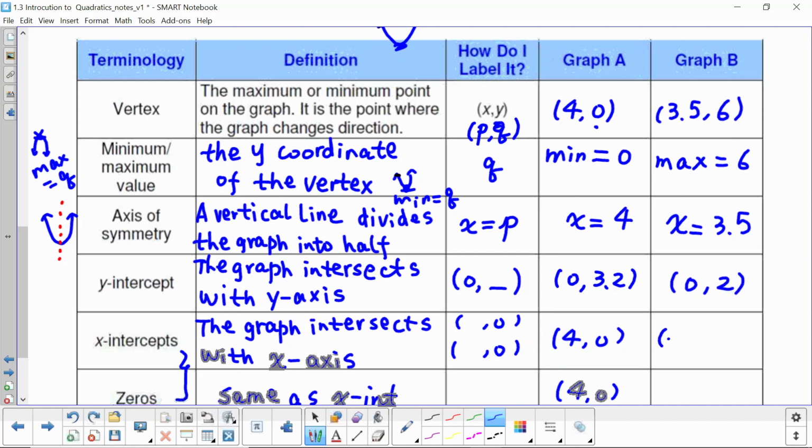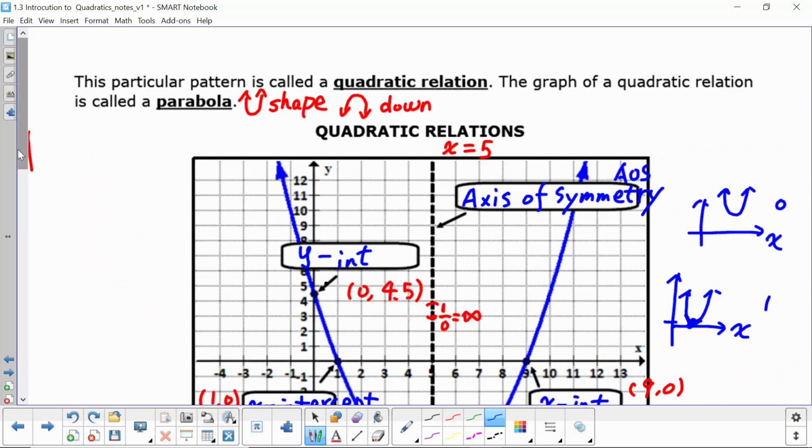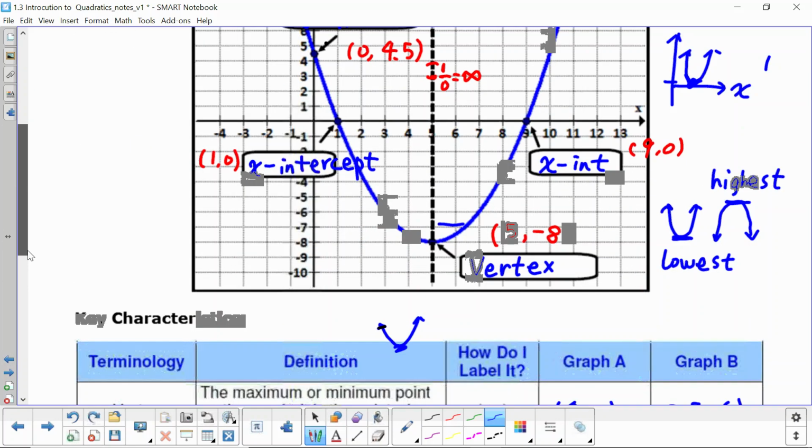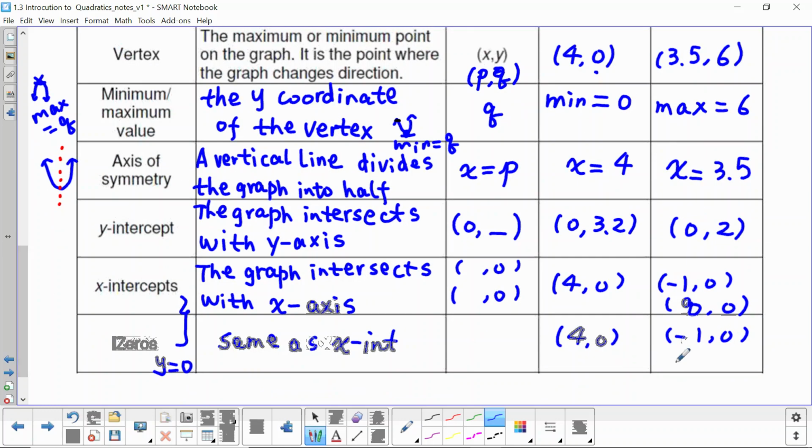The x-intercepts are -1, comma 0, and 8, comma 0. So you have two x-intercepts, and the zeros are the same: -1, comma 0, and 8, comma 0.